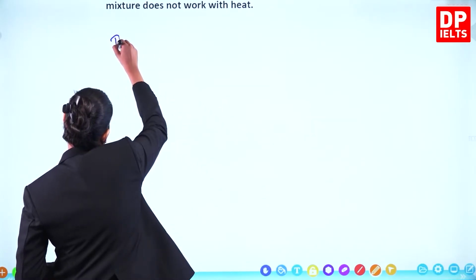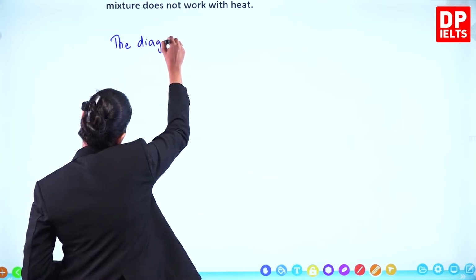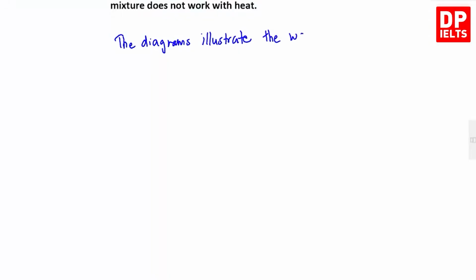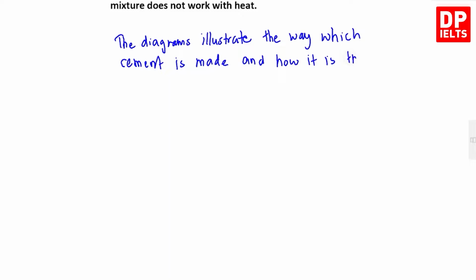So let's write down the diagrams illustrate the way which cement is made and how it is then used in the process of making concrete.